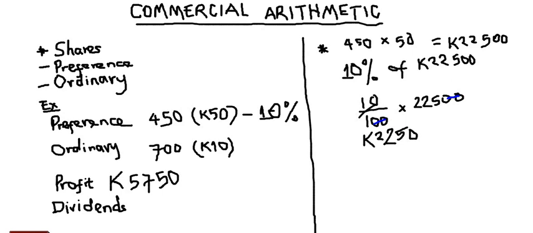So the declared profit we have is 5,750. In this 5,750, we need to remove the share of dividends which is reserved for the preference shares, and what we get is the amount which is available for the ordinary shares. So this 5,750 minus 2,250 should give us 3,500.